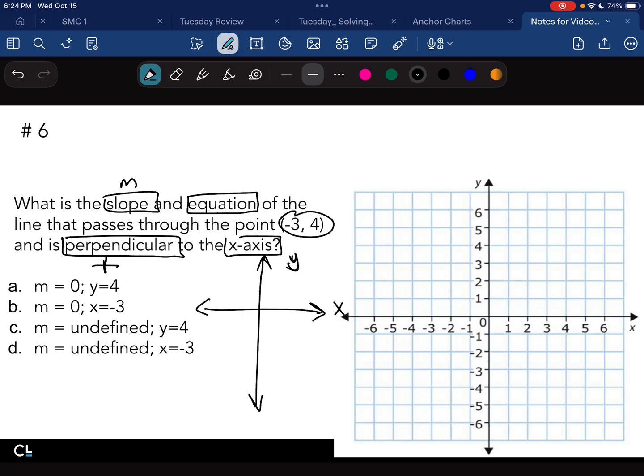It says perpendicular to the x-axis, so I'm going to highlight my x-axis. If it's perpendicular and it intersects the x-axis, I am going to put it here. Let's use a different color.